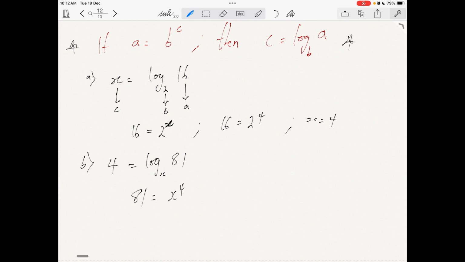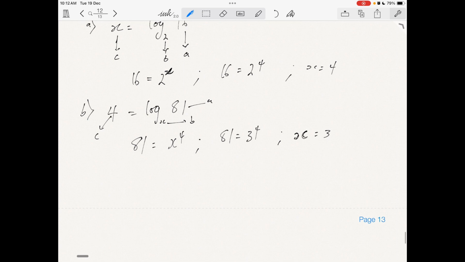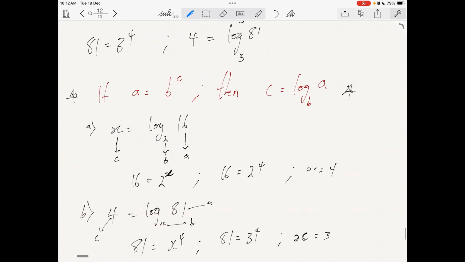So this is our c, this is our a, and this is our b. So 81 is equal to 3 raised to power 4. So my x is equal to 3. Questions can come on like that, and you just have to be very sensitive enough to remember this law.